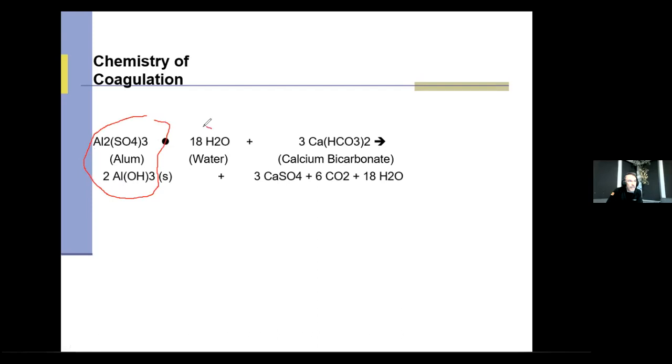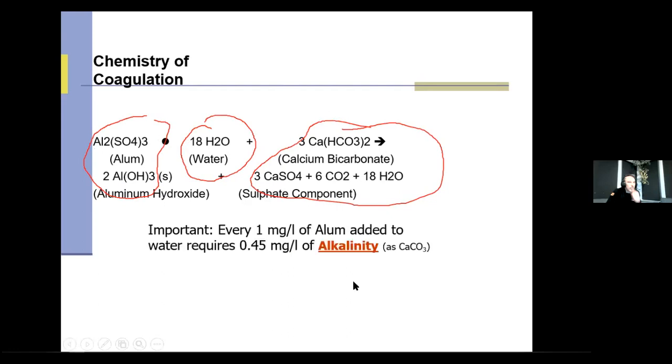And when we add it to water, it also is looking at the calcium carbonate in the water. So all these three things have to happen. For a good guide, this is probably a really important thing.